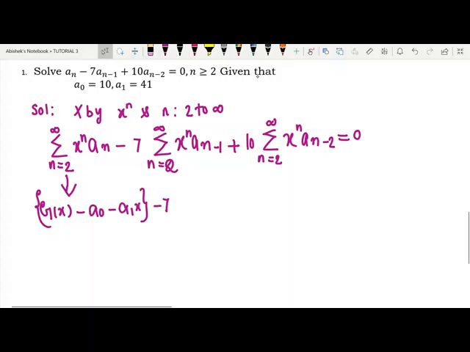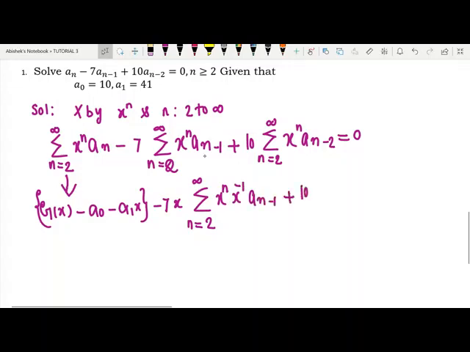For the second expression, we have to convert it into the general form, that is, multiply and divide by x here: n equals 2 to infinity x power n x power minus 1 a n minus 1.